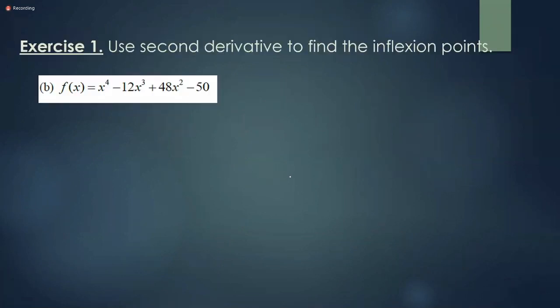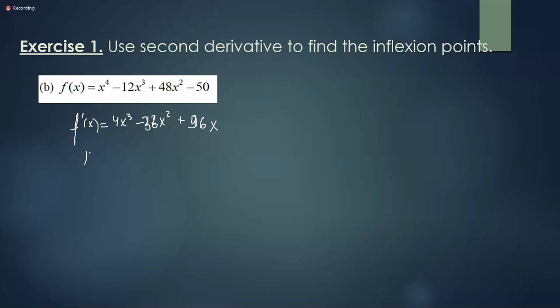Now, again, just to find the inflection points, here at this moment. The first derivative is 4x cubed minus 12x squared plus 36x minus... plus 96x, differentiation.